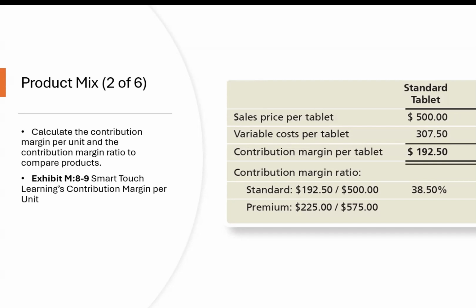In this exhibit here, it suggests that premium tablets are more profitable than standard tablets, because the premium tablets have a higher contribution margin per unit and a higher contribution margin ratio.